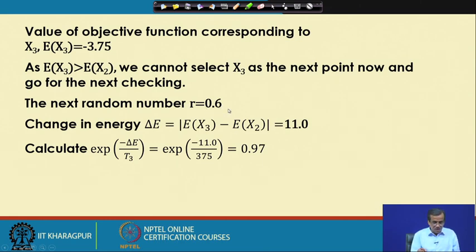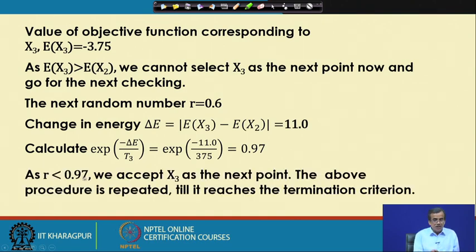So, this random number r is found to be less than 0.97. So, we accept x 3 as the next point, although it was not accepted previously. According to this checking, I am going to accept this x 3 as the next point.